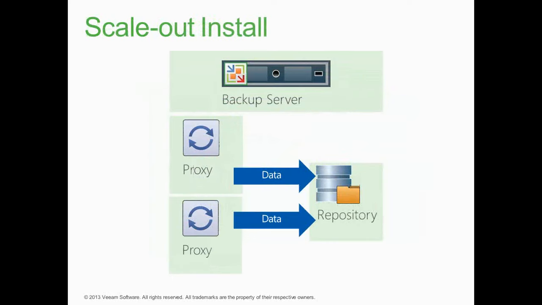But if you have a huge environment and you're trying to scale up, you have a Veeam server, you install the application, and this server also acts as a proxy and a default repository. Apart from that, I probably need to deploy a few more proxies. The reason being, proxies give you proper workload balancing, wherein you can distribute your workload to dedicated proxies and ensure your backup server is not loaded.